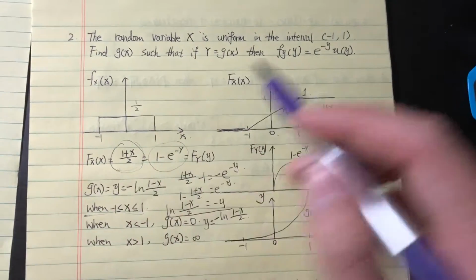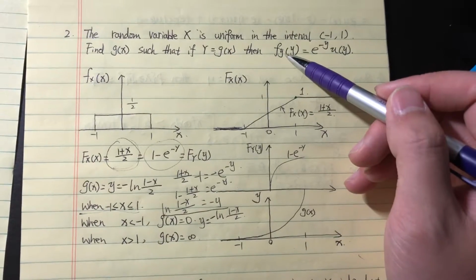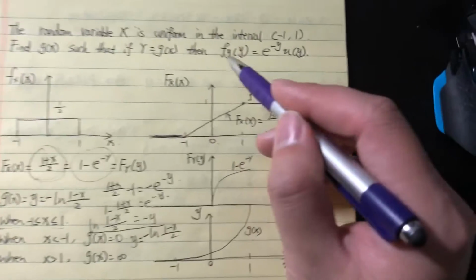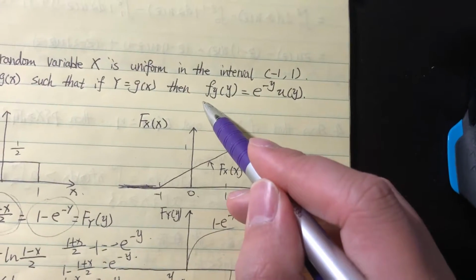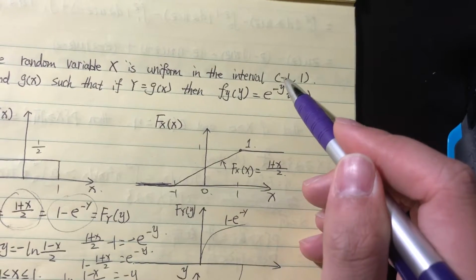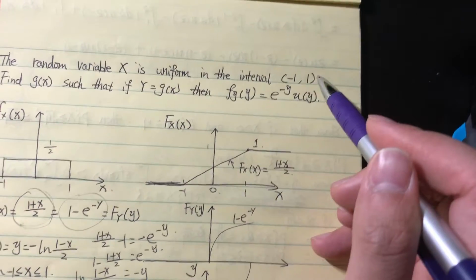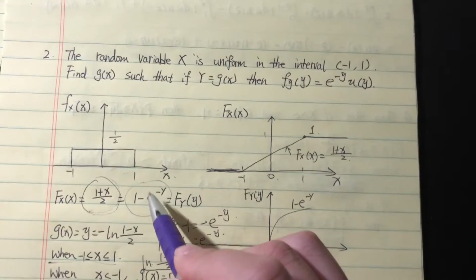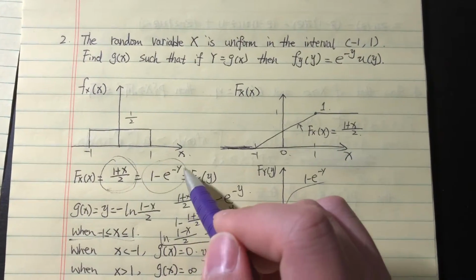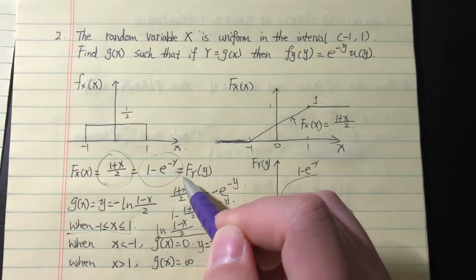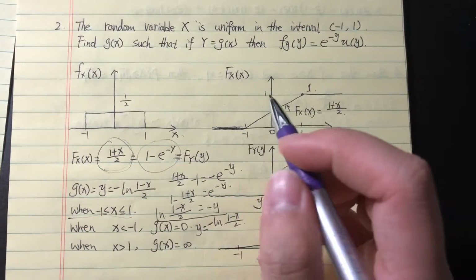And the distribution function of Y is going to be the integral of the density function of Y, which is e to the power of -y u of y. So the distribution function of it is going to be 1 minus e to the power of -y, which is equal to the distribution function F_Y.